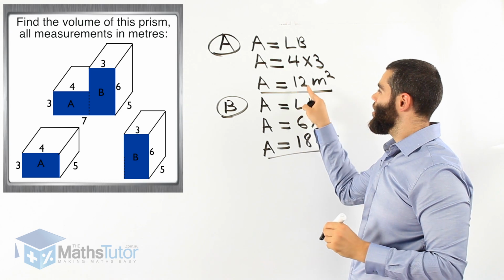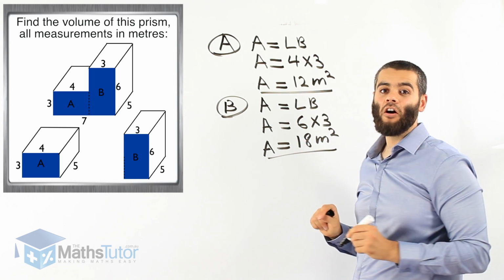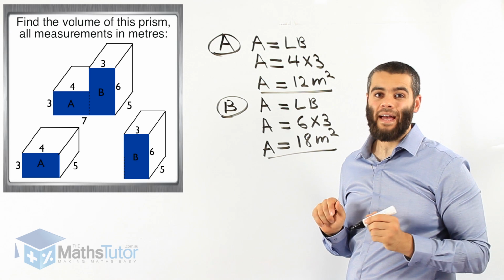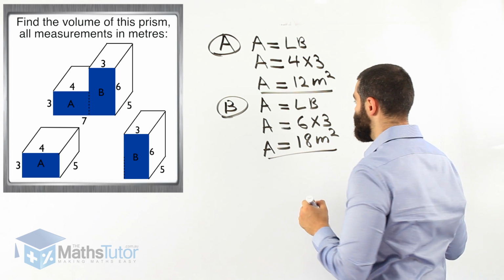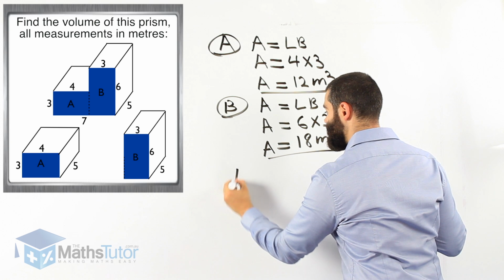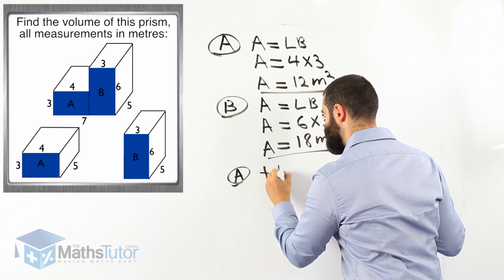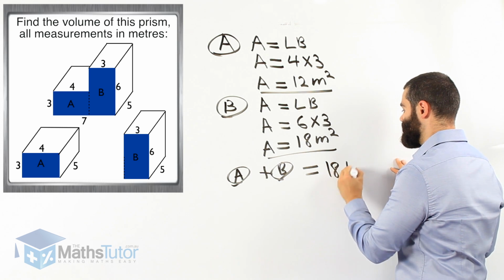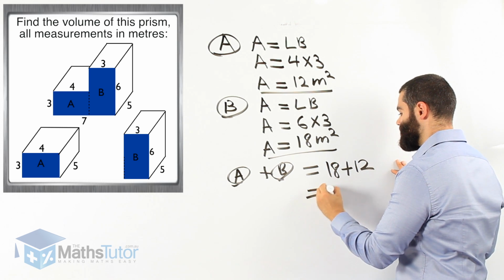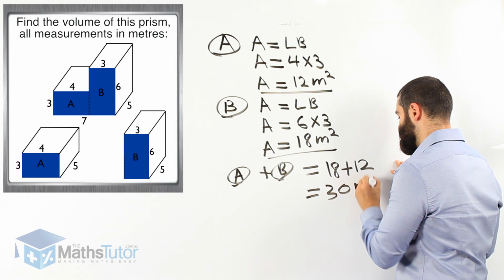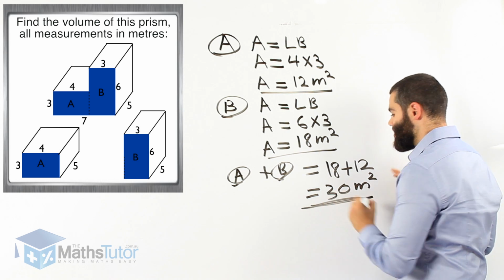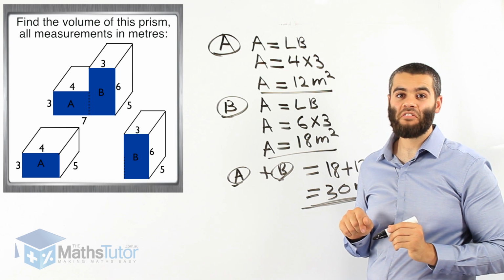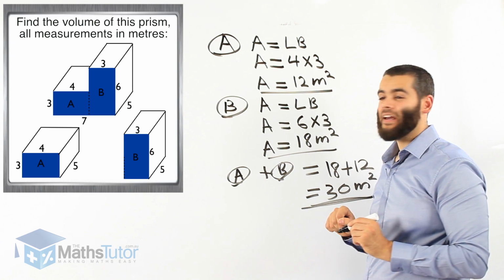That is the area of A and that is the area of B. Now we add up the two areas, 18 plus 12, so A plus B, 18 plus 12, 30 square meters is the area of the cross sections A and B highlighted in blue.